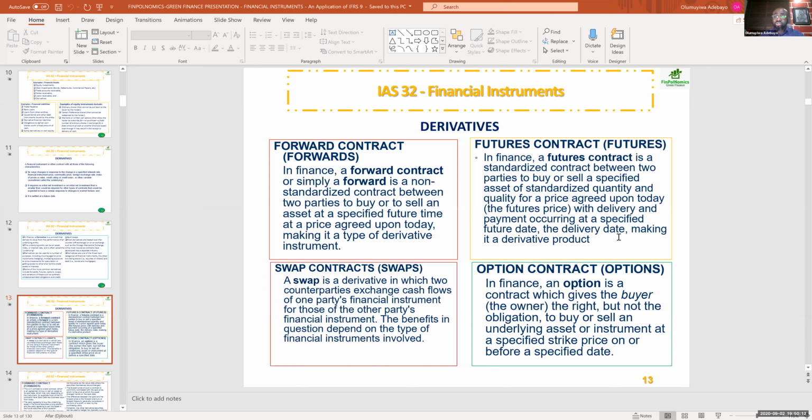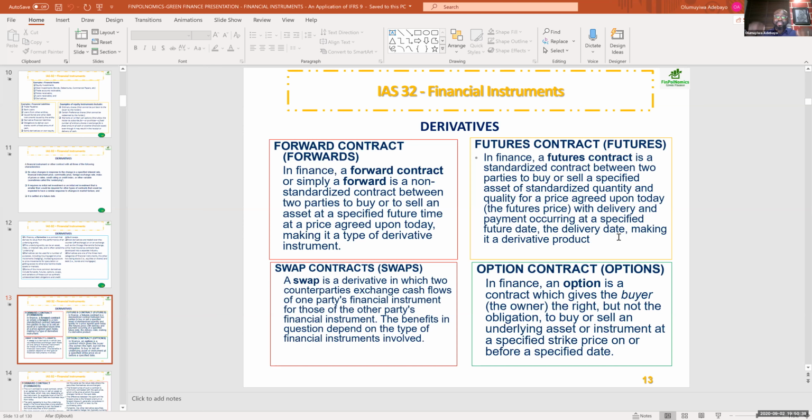But for a futures contract, because of the guarantee against credit default, the mechanism that is adopted to ensure that there is no default is that both parties entering into this contract must put down what we call an initial margin.